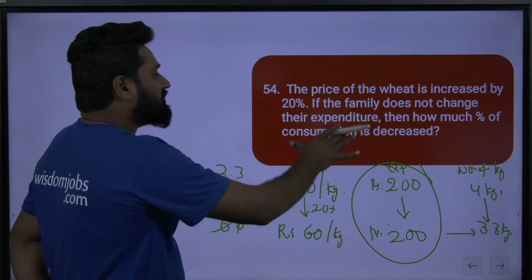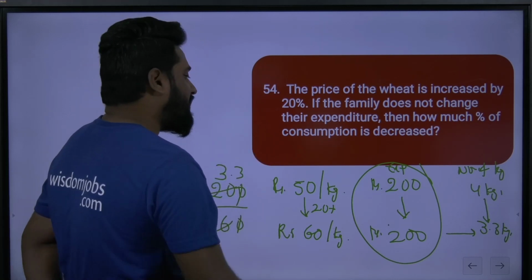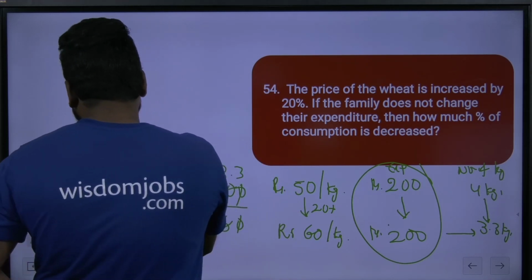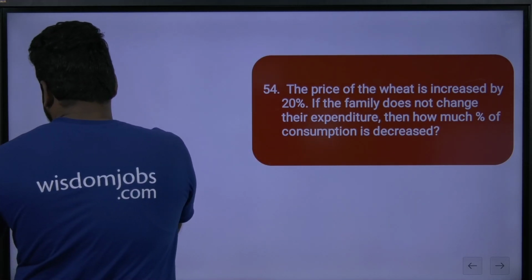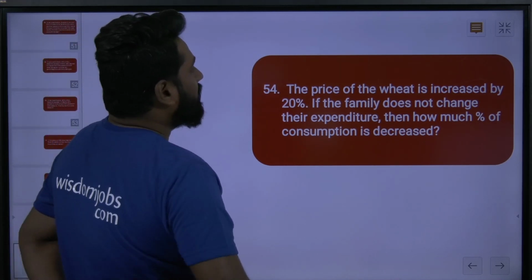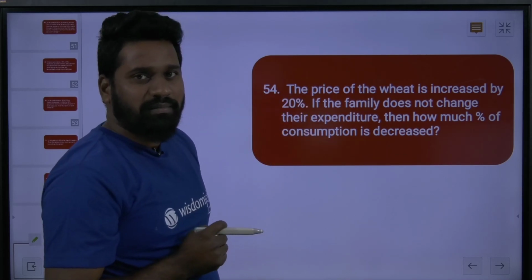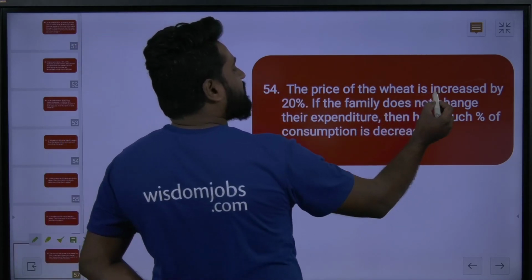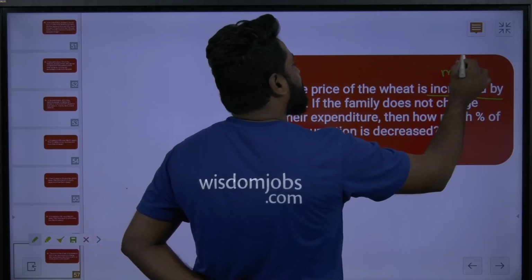So this is the original scenario of this question. Is it clear now? Right? So let us solve this question. This is just an example, right? So let us see the solution here. Right. First you can apply the same method for this one also. Formula. Observe here. The price of wheat is increased is given. Increased or more is given.